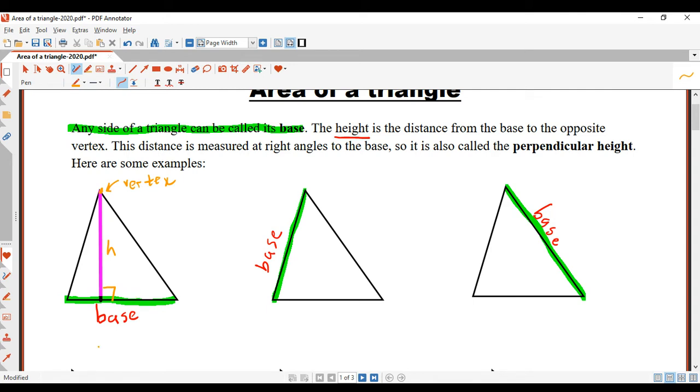Okay, now let's draw another height in. To draw another height in, we have to start with the base here, and we go to the opposite vertex here. And we're going to draw a line from the opposite vertex to the base. It can't be at any angle. These are all different angles. It's got to be at 90 degrees to the base.